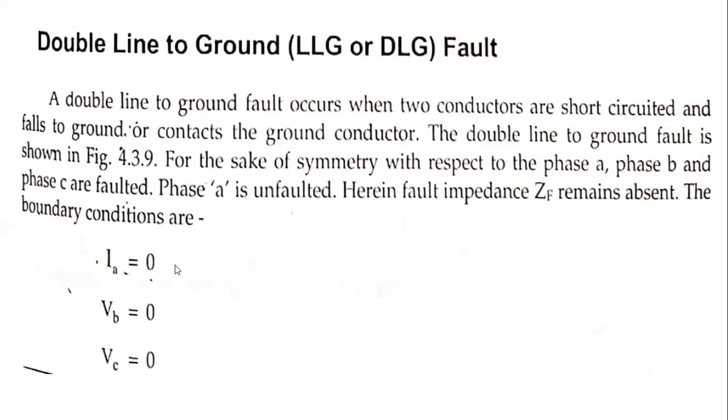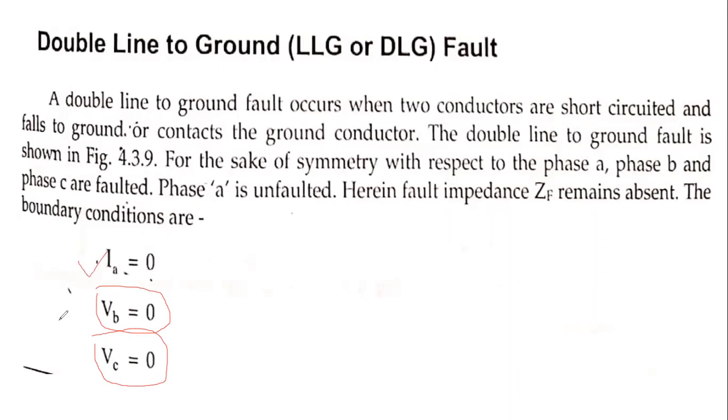Okay, therefore IA is equal to 0, and if the B and the C phases are short circuited with the fault current, then VB, the voltage across the B phase, is equal to 0, and VC, the voltage across the C phase, is also equal to 0.